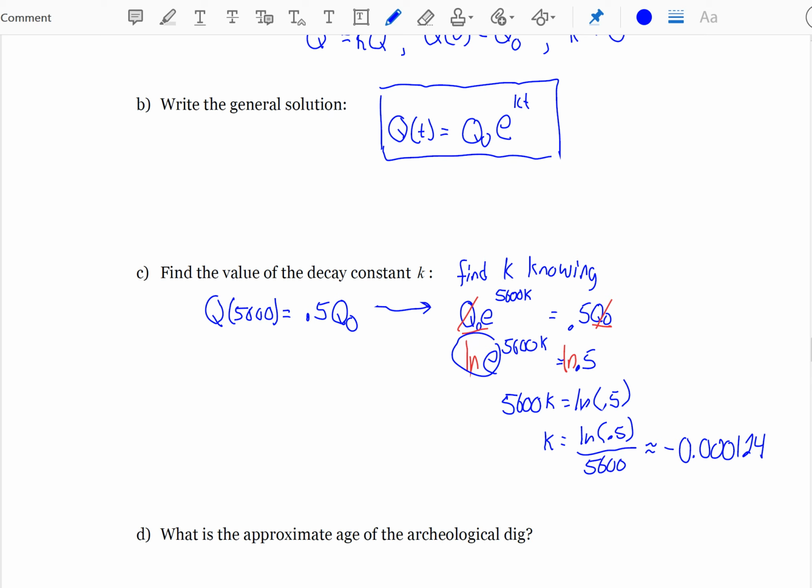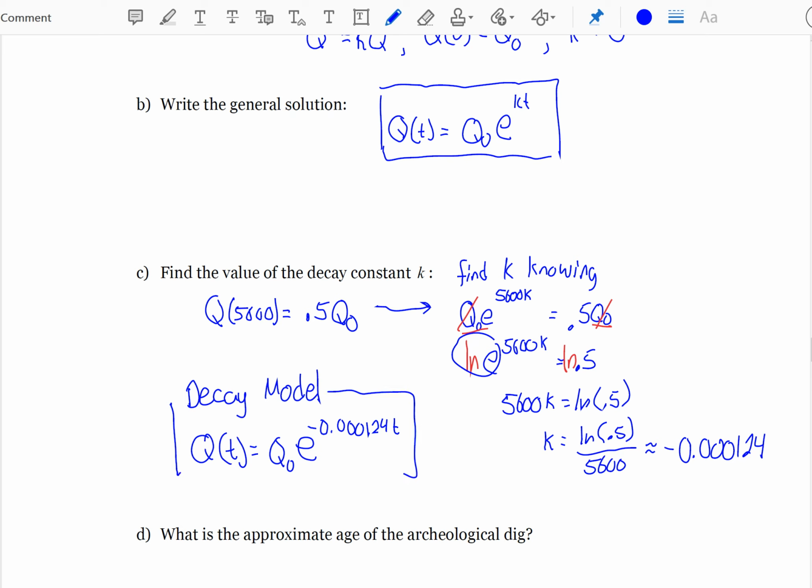But with this value of K, we can write our decay model as Q of t is equal to Q naught e to the negative 0.000124 t. This is our decay model.